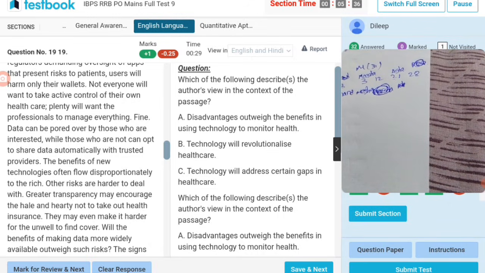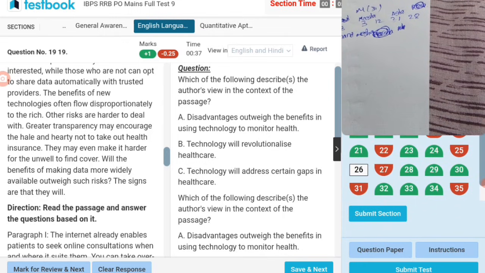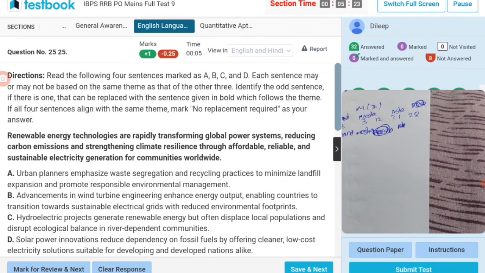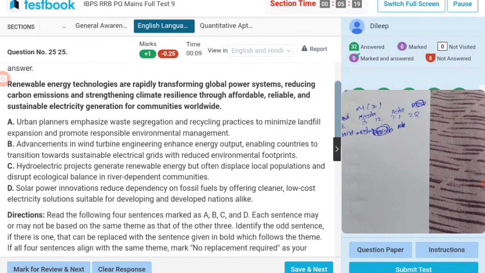Disproportionately disadvantages of. So renewable energy technologies are rapidly transforming global power systems, reducing carbon emissions and strengthening climate resilience through affordable, reliable energy. So renewable energy.